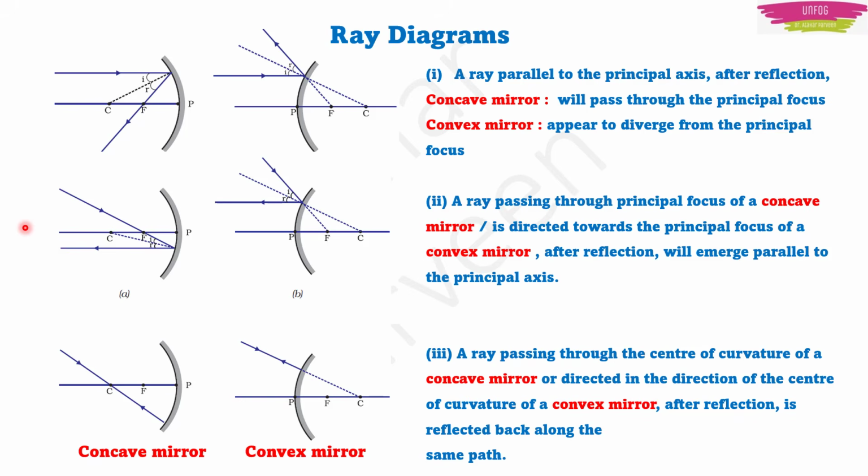Here incident ray is going through focus, so reflected ray will be parallel. This is what will happen in the mirrors. In this entire class, I am going to make relations in this type only. It will be opposite every time. I will tell you as and when possible, okay? And in the third case, it is simple. When the light passes through center of curvature, the reflected ray is also going through the center of curvature.